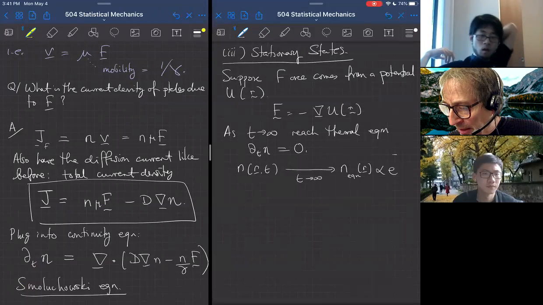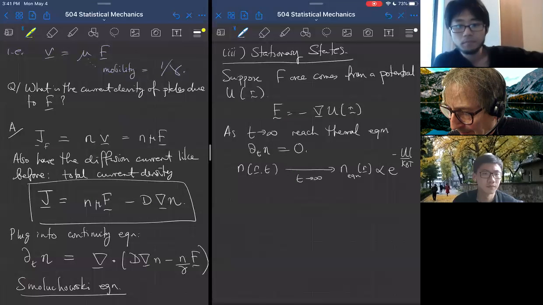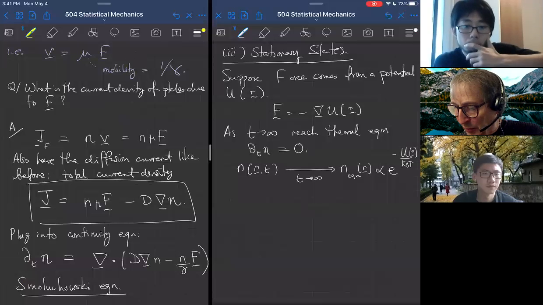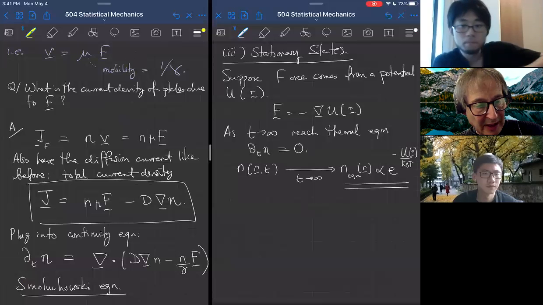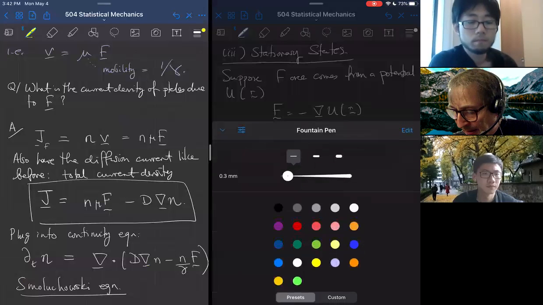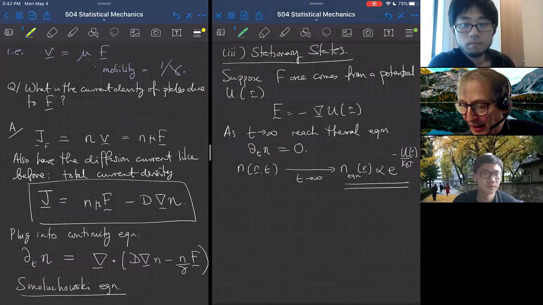So it's going to go as e to the minus U of r over k_B T. So that's what we expect to happen. Okay, so let's see, is that true? Well, if that is going to be true, then we can ask what happens to the current.